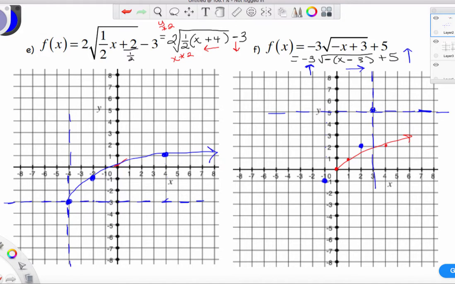Okay, so back 1, down 3, back 1, 2, 3, 4, down 6, 1, 2, 3, 4, 5, 6. Looks good. And then my graph is going to swing around like that. And then once again, you don't really need this red graph. That's just to show you the normal original parent function.